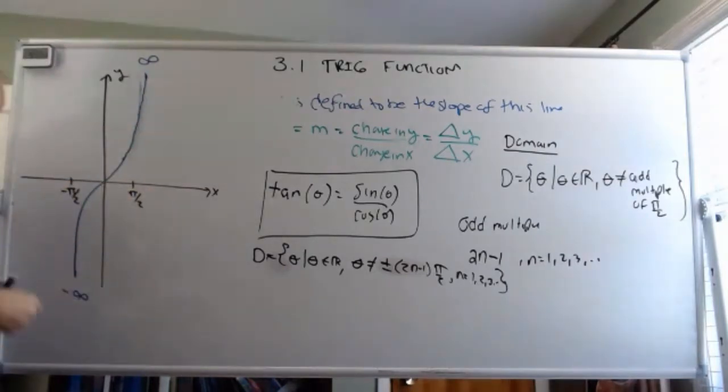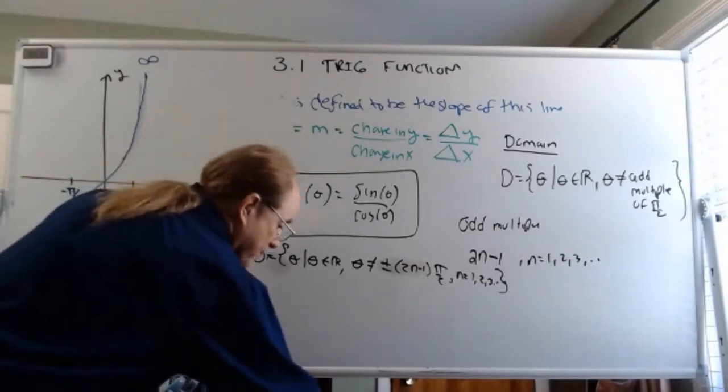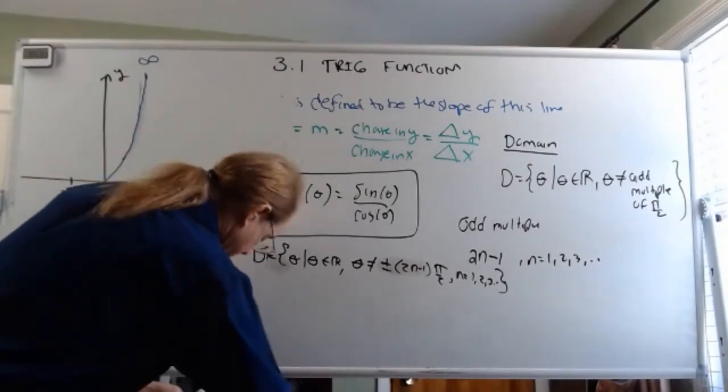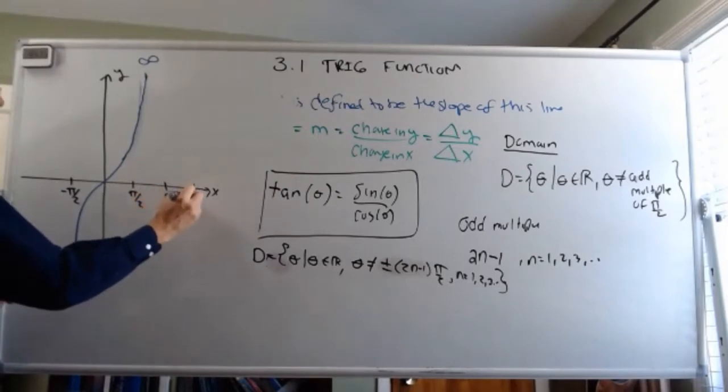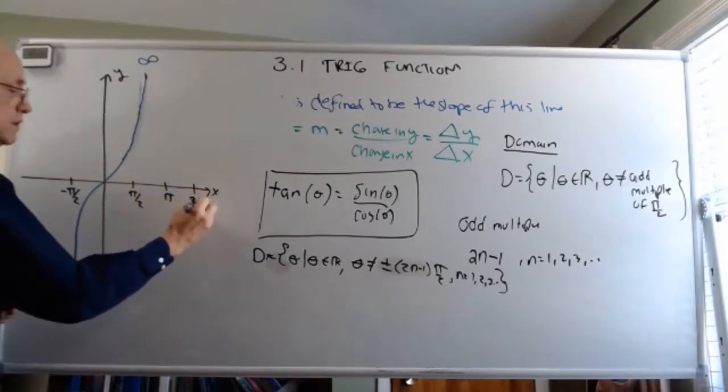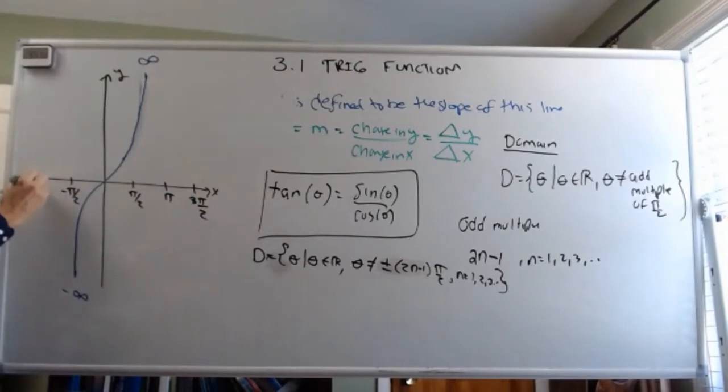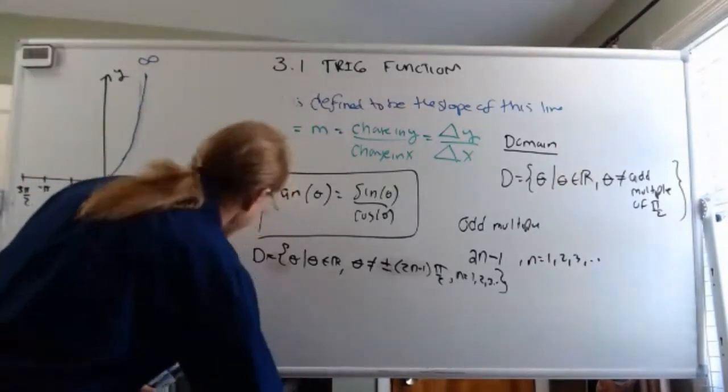And say I go over here to another. Here's an even multiple. So this would be pi, and this is 3 pi over 2. Go back over here and minus pi and minus 3 pi over 2. This thing will continue and look like this.